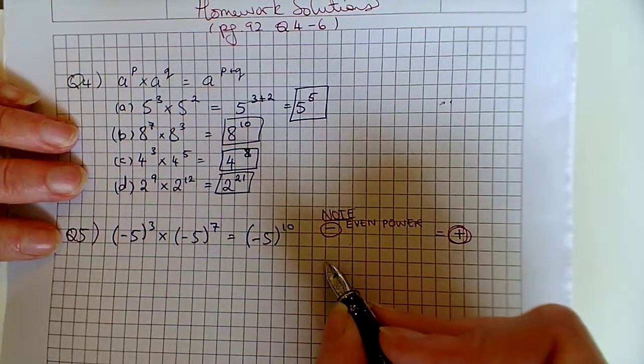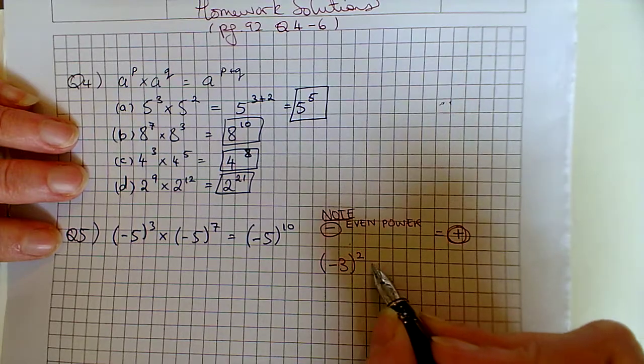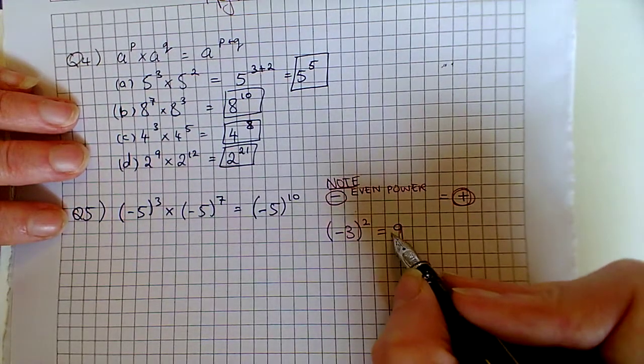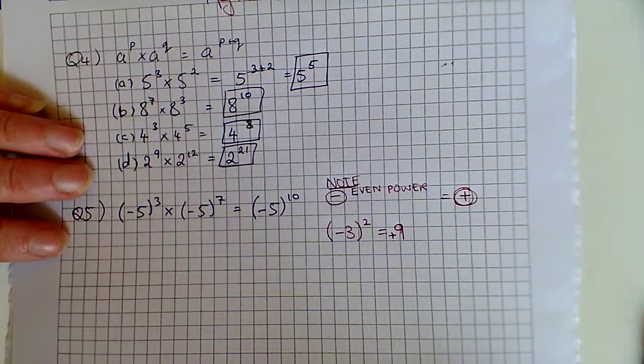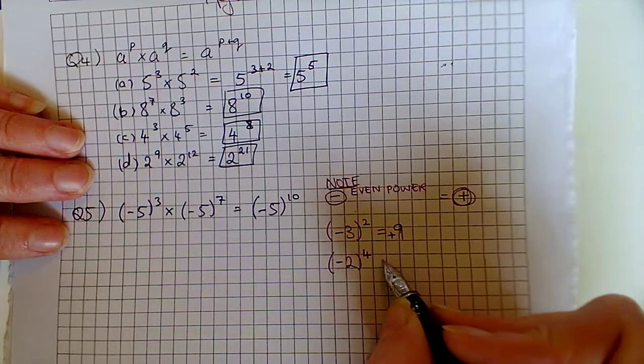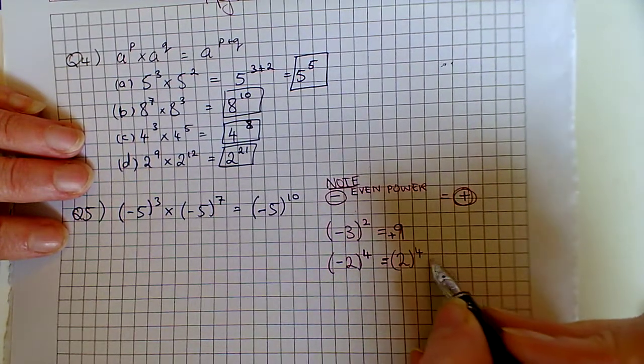Why? What do I mean by that? For example, if I have minus 3 to the power of 2, that is a minus by a minus, which gives me a plus. It's plus 9 in my answer, not minus 9. Or if I have minus 2 to the power of 4, that is the same as plus 2 to the power of 4.